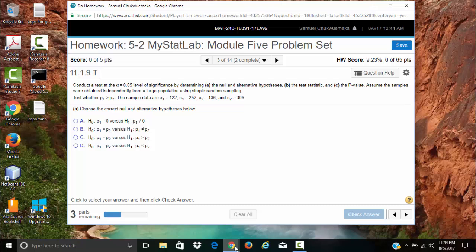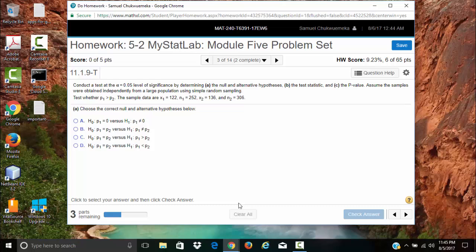You want to make sure first that all the requirements are met before you use the formulas. But for this homework assignment, all the requirements have been met for all the questions.